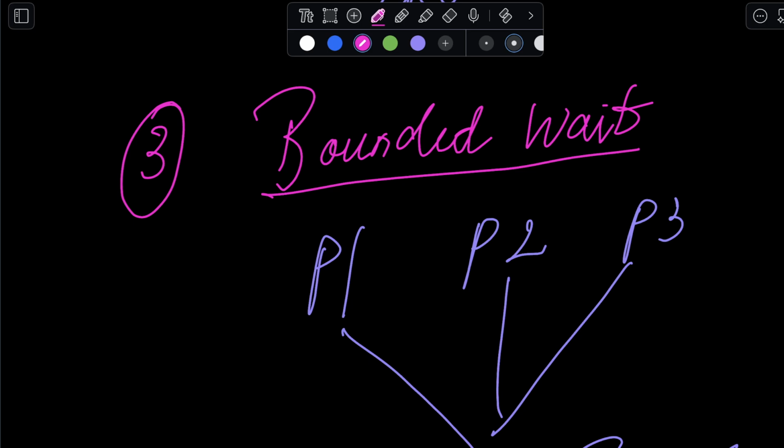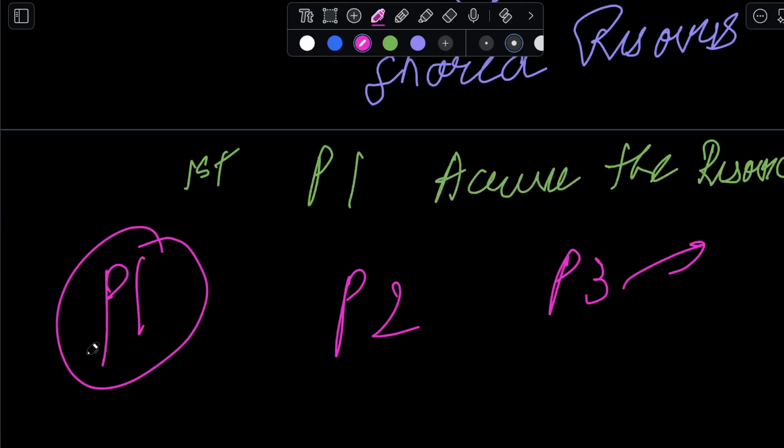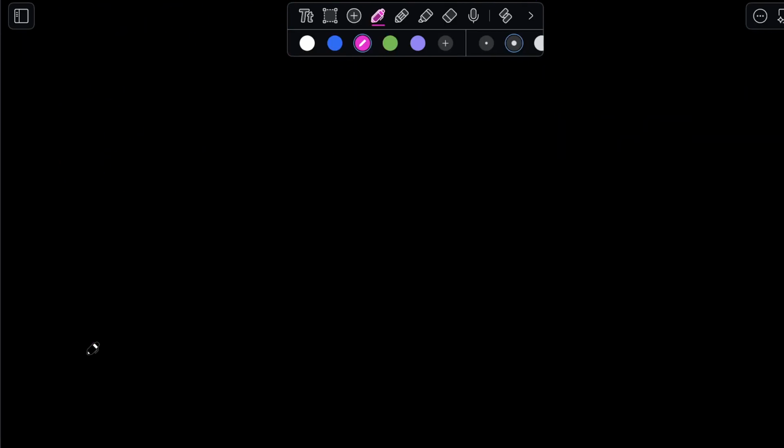So what we are trying to achieve here is synchronization between the different processes, right? Now, the way to achieve synchronization: if you have only two processes, then we can use something called Peterson's solution.